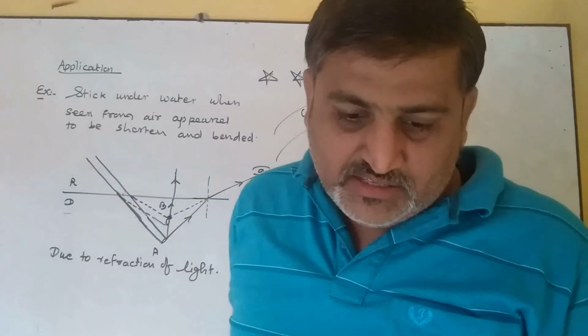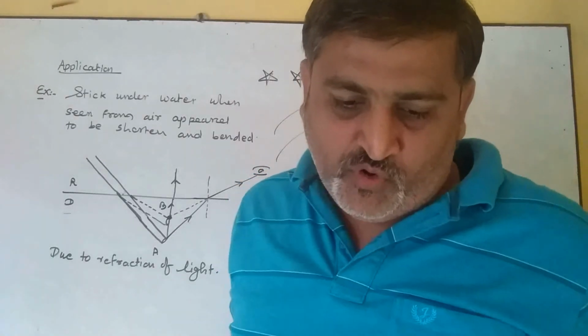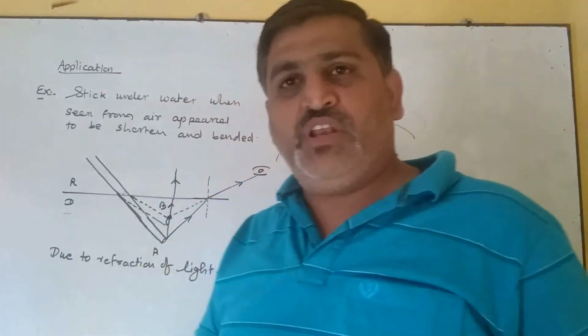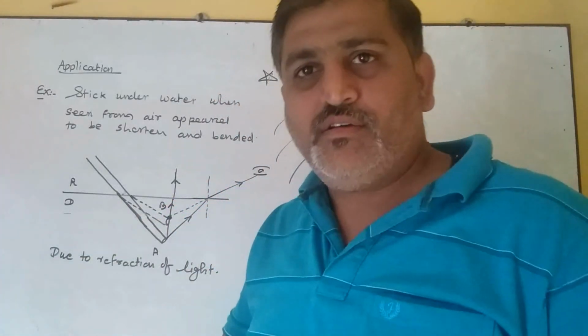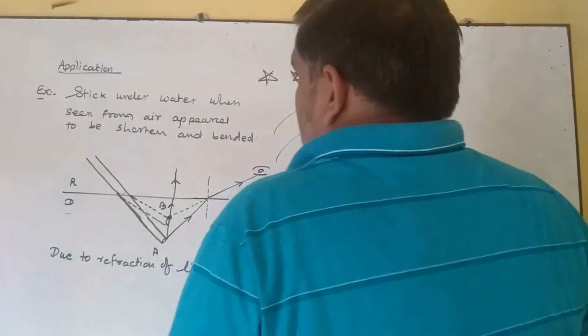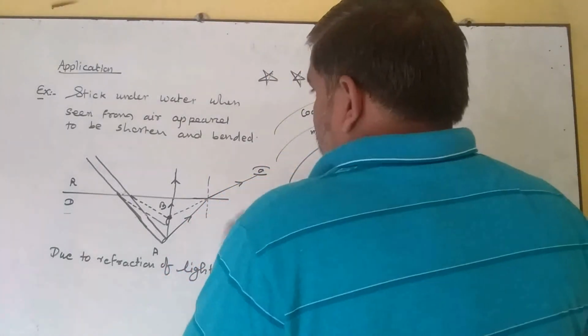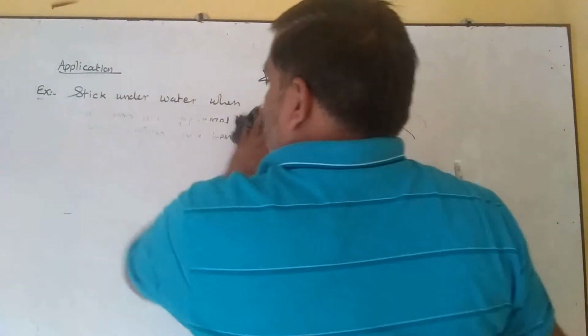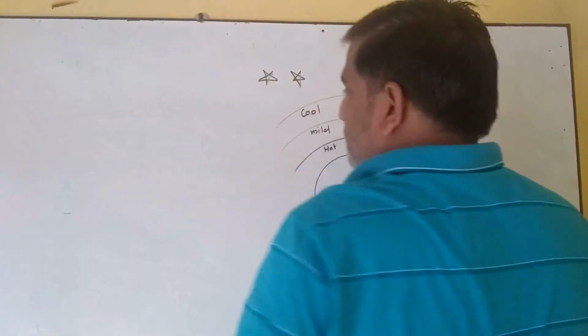Second is, the sun is seen a few minutes before it rises above the horizon in the morning, while in the evening it is seen a few minutes after it sets, okay, before it sets. This consequence you have studied in 8th standard.